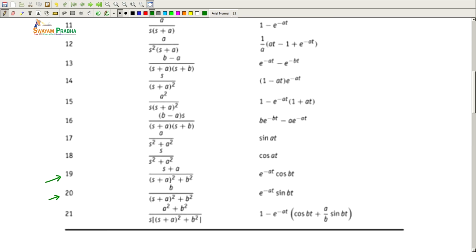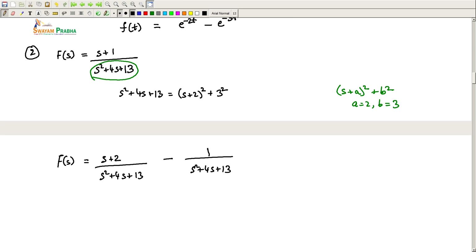Since b is 3, we will divide here by 3. Based on this particular portion, the corresponding f of t is e to the power minus 2t cos 3t, and the other part will be minus 1 by 3 e to the power minus 2t sin 3t.